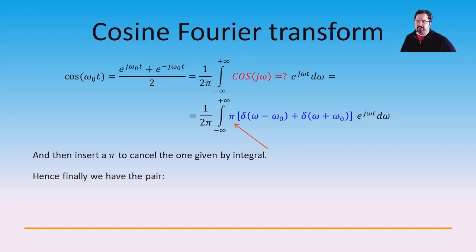Hence, finally, we have the pair cosine ω0 t in time domain with Fourier transform π[δ(ω − ω0) + δ(ω + ω0)].